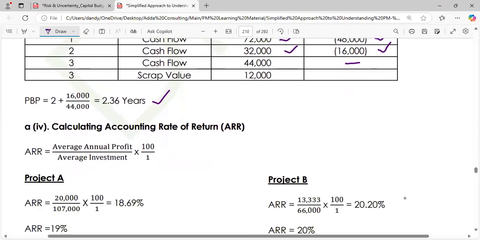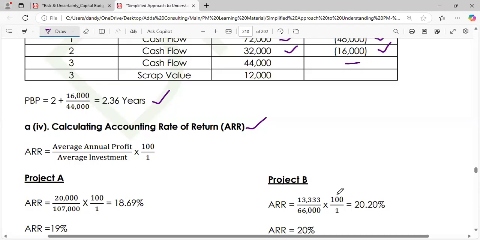All right. So finally, we need to calculate accounting rate of return. You know that accounting rate of return, also known as return on capital employed or return on investment, is a technique that relies heavily on the use of accounting information as shown in the financial statement of a company.